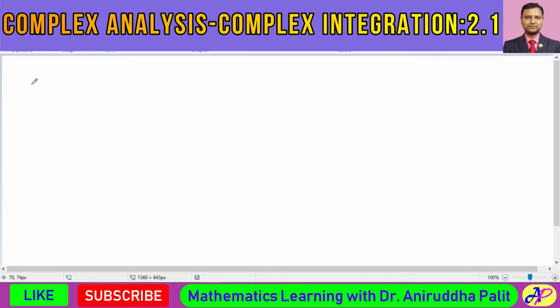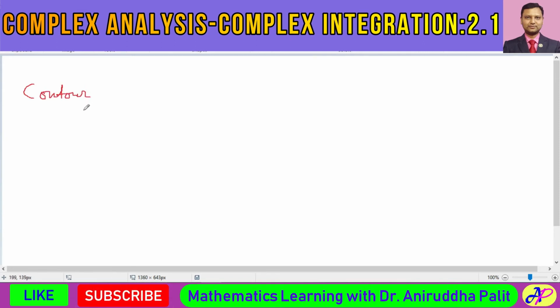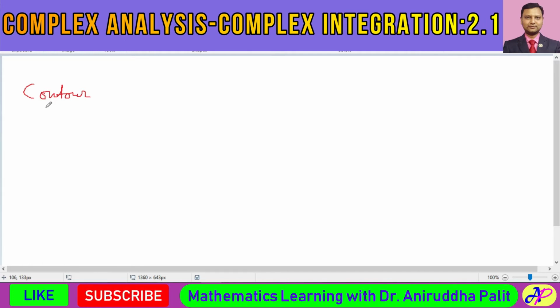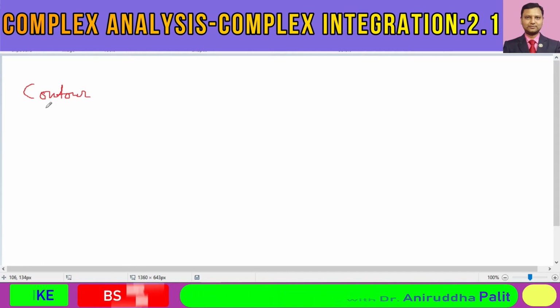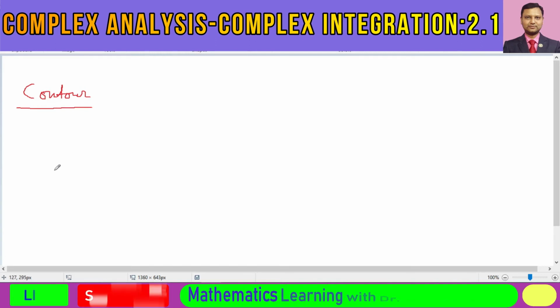Contour is actually a finite collection of continuous regular curves. It would be a finite collection of continuous regular curves.